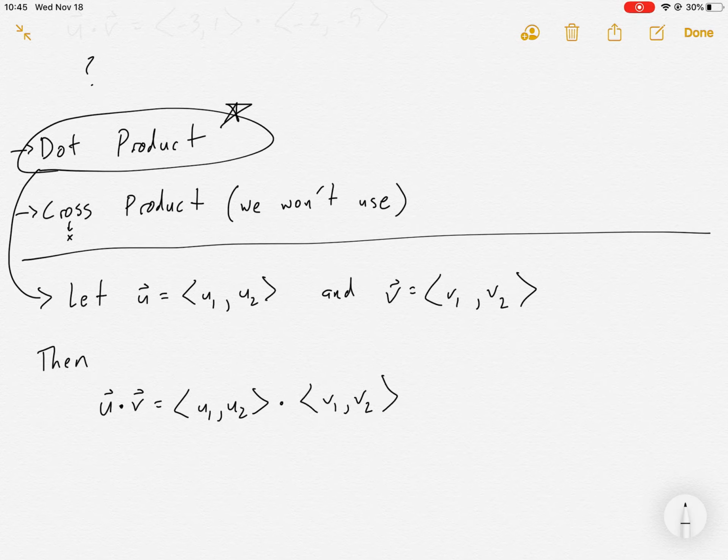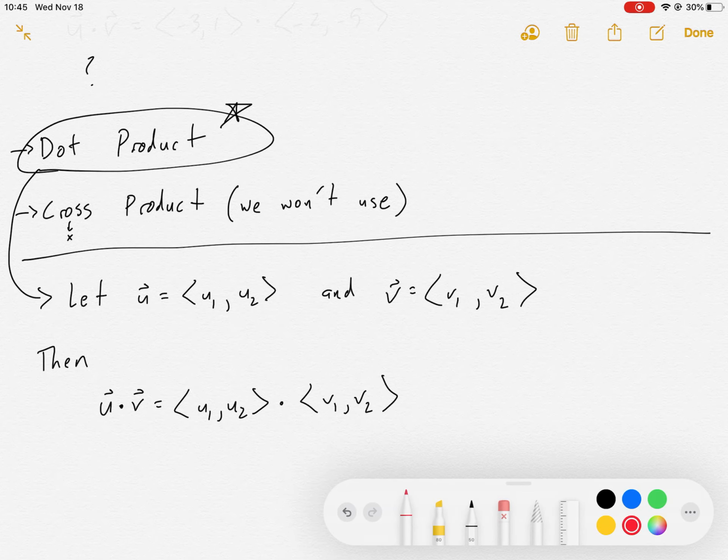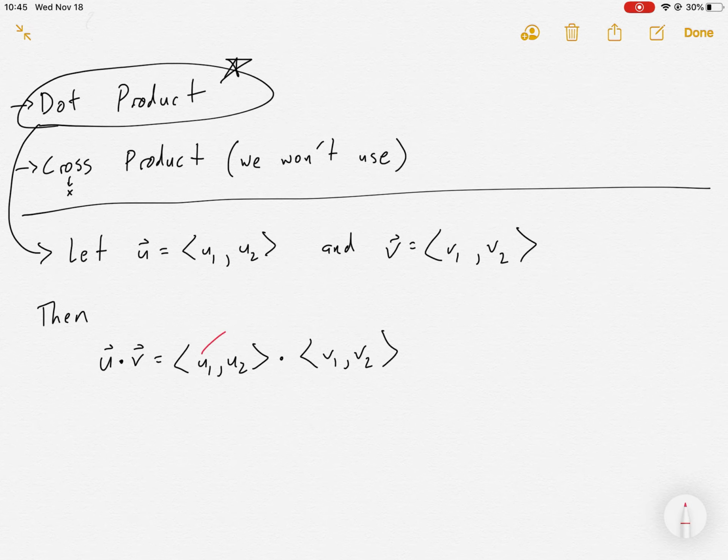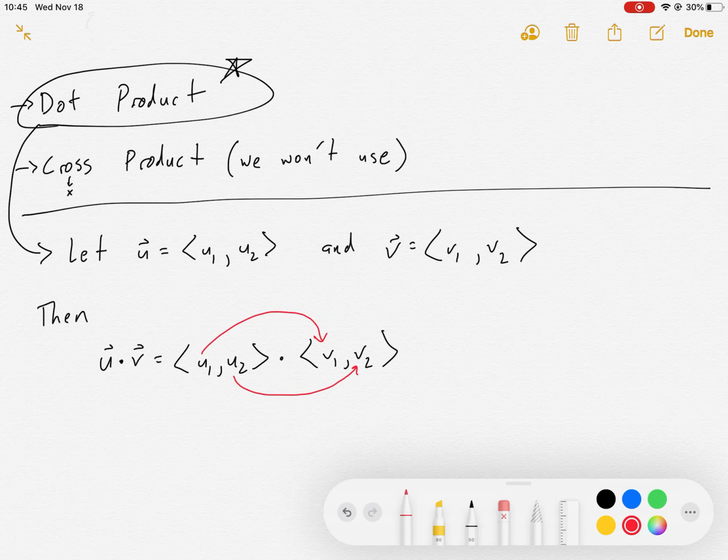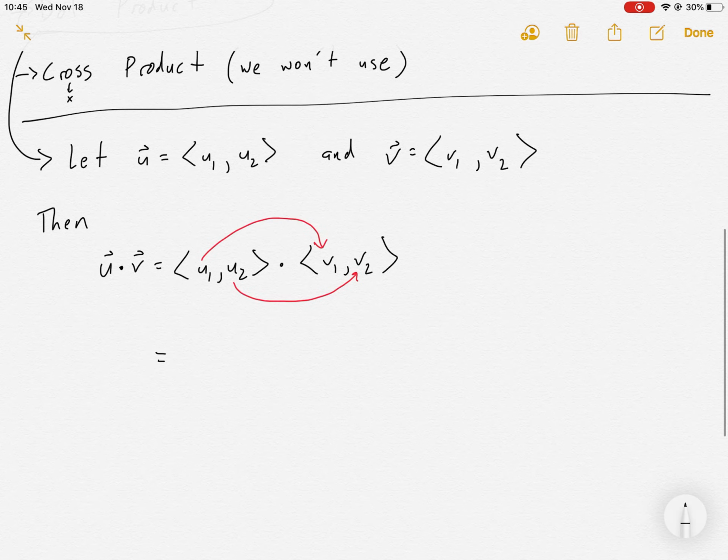What we end up doing is we take the components and match them up. So u1 is going to go with v1, and u2 is going to go with v2. We're going to multiply those. So it's going to be u1 times v1 plus u2 times v2.